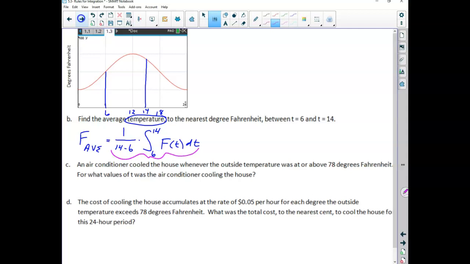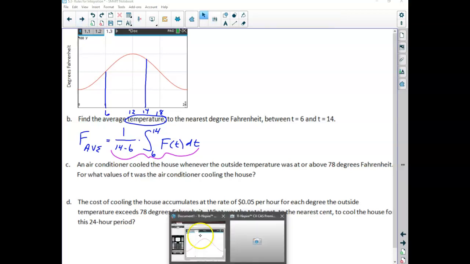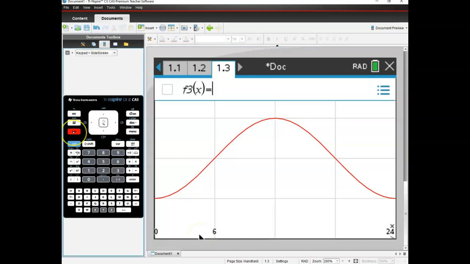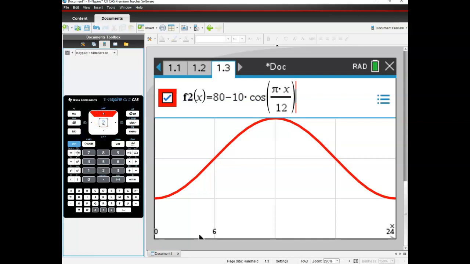Well, then I just come back and I grab my calculator. Now, I'm going to come back here, and I'm going to show you. Here's my graph, right? That tab. That graph is in F2 of x, because I graphed a different one in there. I've defined my entire function in my graph as F2 of x, okay?